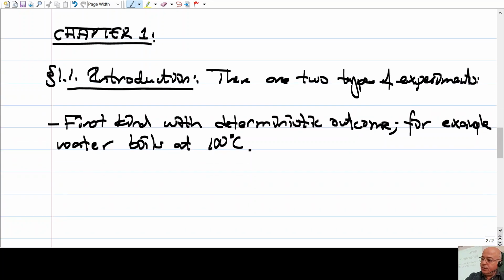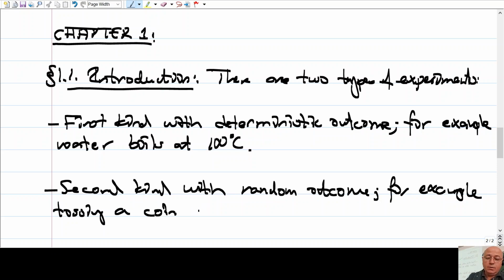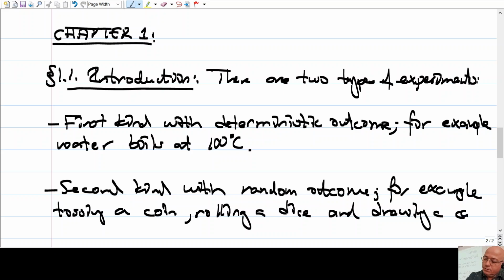So these are experiments with deterministic outcome. Second kind, experiments with random outcomes. For example, tossing a coin, rolling a dice, and drawing a card from a pack, right?